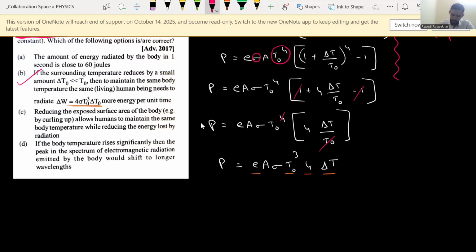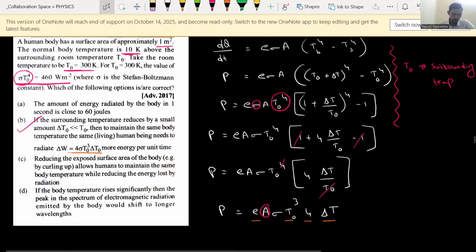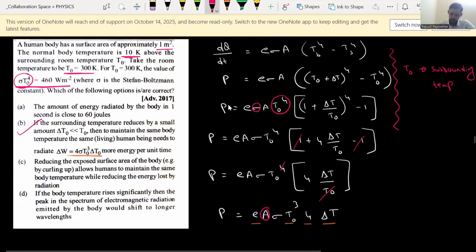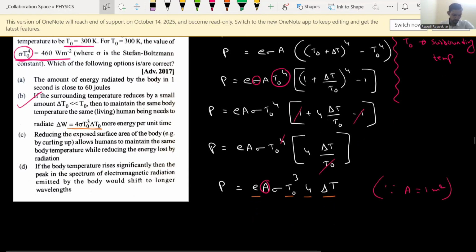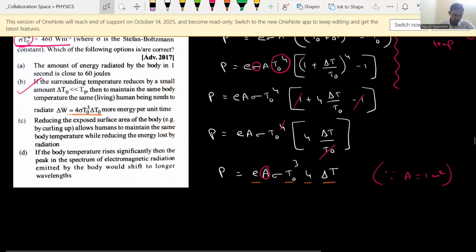So then what about A? Here A is also there. In the question, what they mentioned in the beginning, we read here: A value is how much? 1 square meter. Since A equals 1 square meter, whatever option B is given, that is correct. And option C, just to read it: reducing the exposed surface area of the body, for example by curling up, allows humans to maintain the same body temperature while reducing the energy lost by radiation.